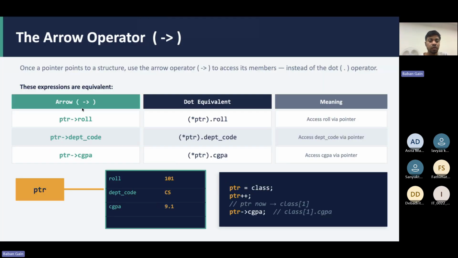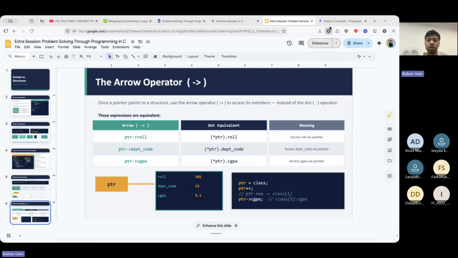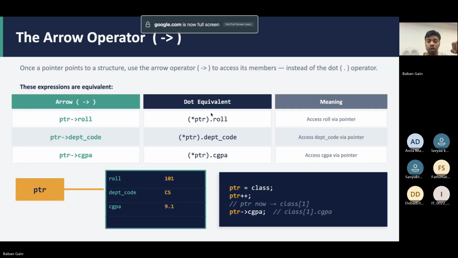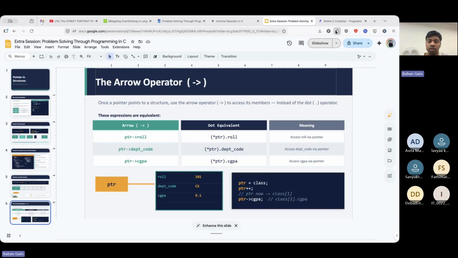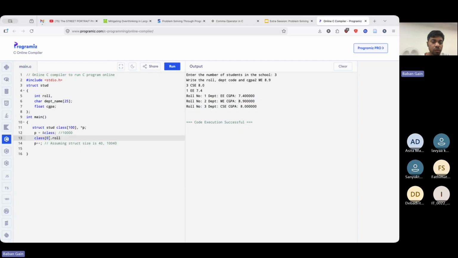So instead of dot roll, I can also do this one. But one thing to note here is how the arrow operator and dot operator differ. Here I have given the structure, so class of zero dot roll.